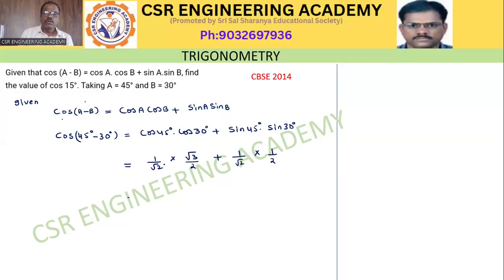Is equal to 1 by root 2 into root 3 by 2 is equal to root 3 by 2 root 2, plus 1 by root 2 into 1 by 2, that is 1 by 2 root 2.